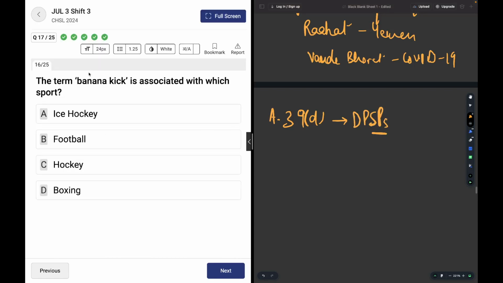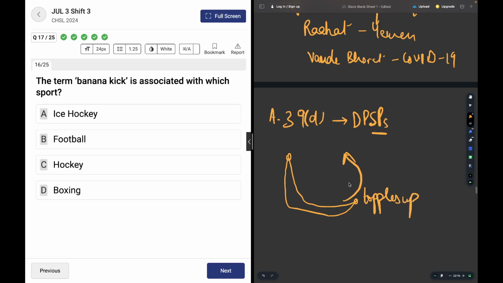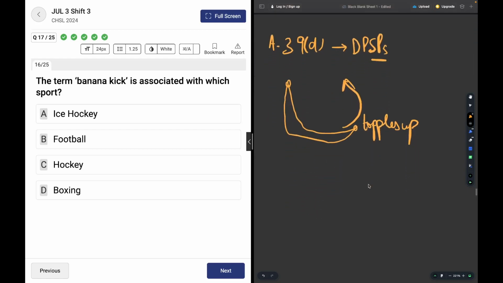Moving on, the term banana kick is associated with which sport? A banana is basically a fruit, and it looks something of this sort. When a banana topples up, this is called a banana kick.